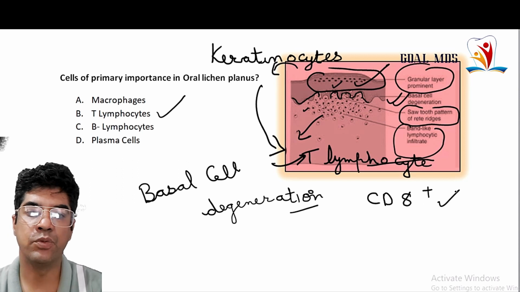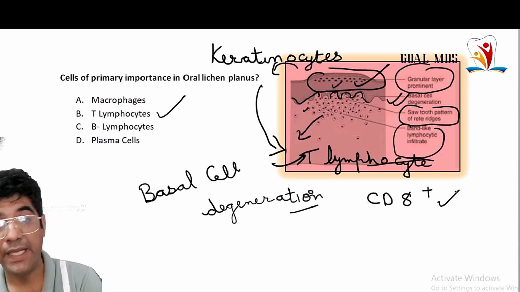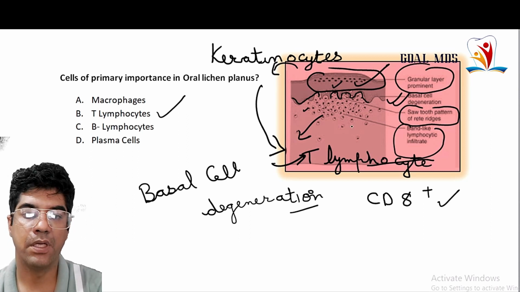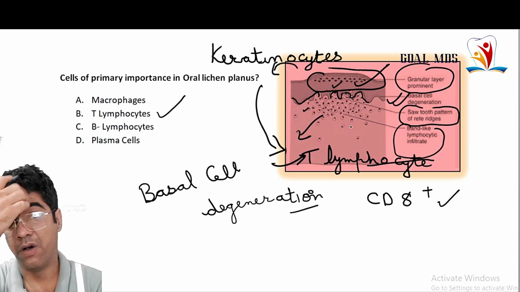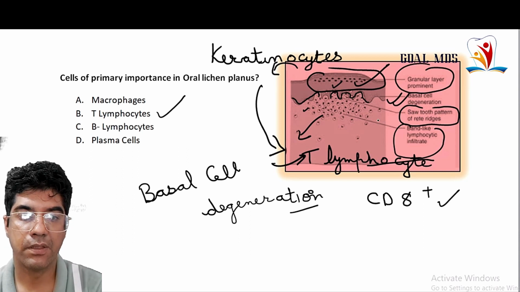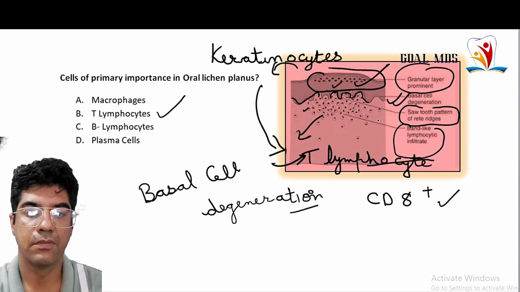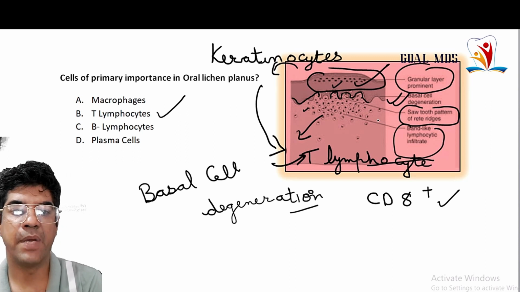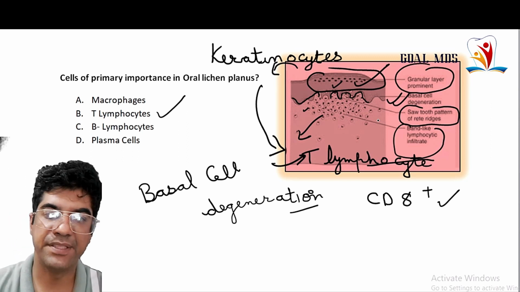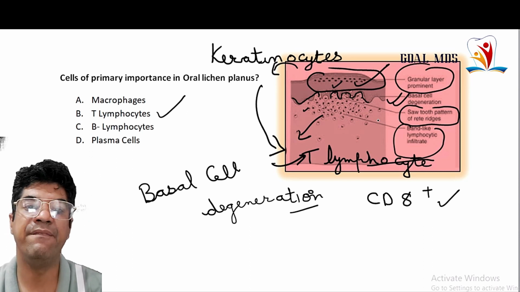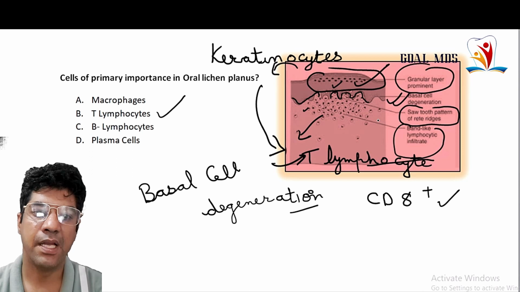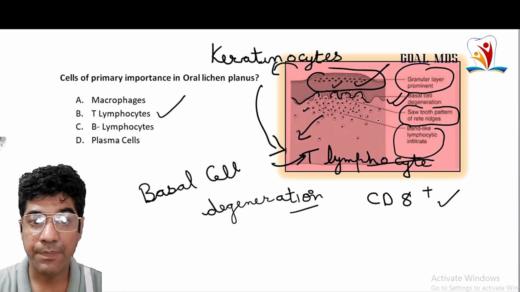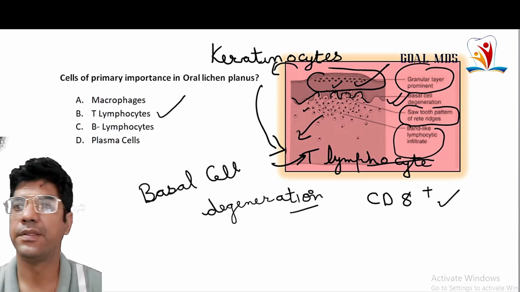They will cause damage to the basal keratinocytes, leading to basal cell degeneration and the characteristic sawtooth appearance of the rete ridges. Other immune cells like macrophages and B lymphocytes may be present in oral lichen planus, but the T lymphocytes are the key players in the pathogenesis of this condition. So the most important cells are the T lymphocytes.